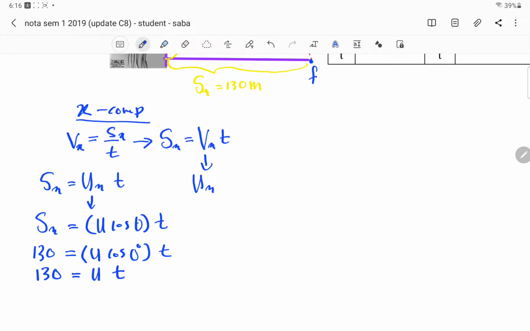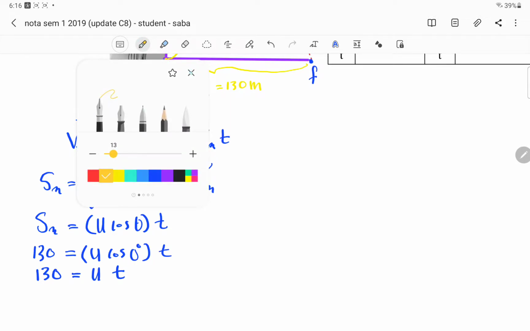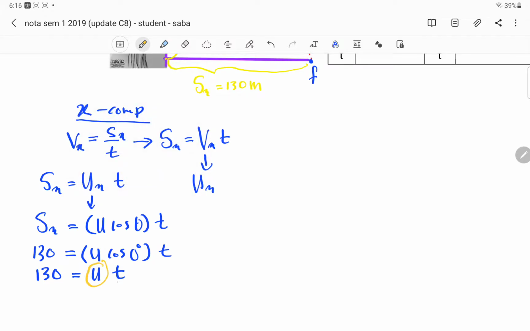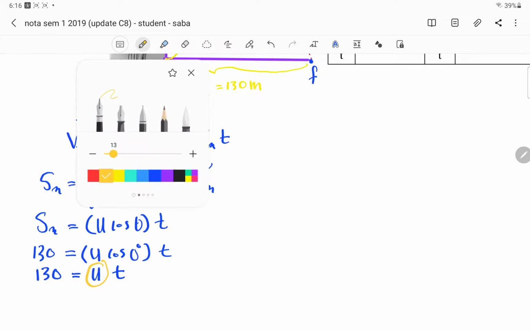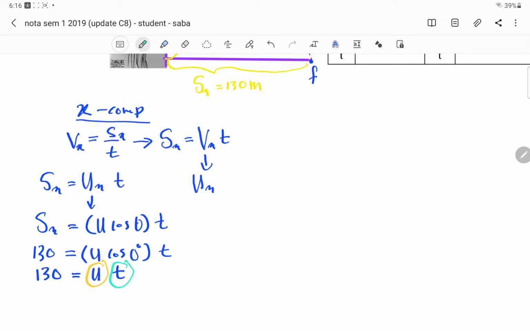So sekarang ni soalan nak kita kira U, tapi kita tiada T. So kita kena fikir macam mana nak dapatkan T. Okay, kita cuba tengok pula konsep untuk komponen Y yang relate dengan time yang kita tiada ni. Kalau kita ada time, kita boleh dapatkan U ni kan secara matematiknya. So we go to component Y. Komponen Y konsepnya adalah constant acceleration tau. Acceleration is constant under gravity acceleration. So kita boleh apply tiga formula ni.